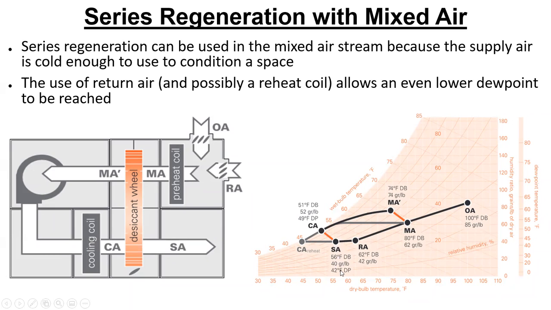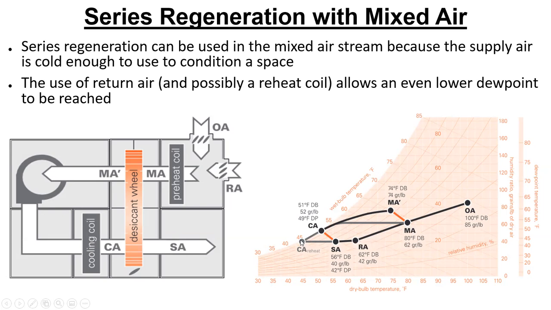Now, if we had a conventional system, they've also shown that here. With this conventional system, we just mix our air and then go across the cooling coil, all the way down to about 45 degrees. And we have to go that low; that's cold air coming off a cooling coil.